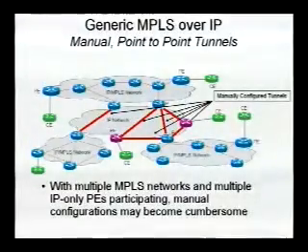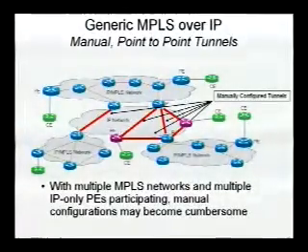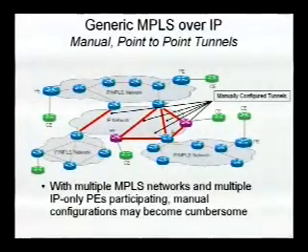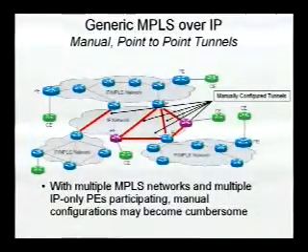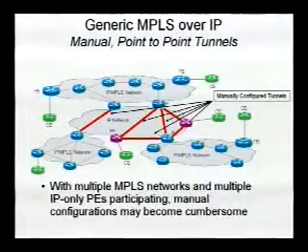So after you do this, all these manually configured tunnels can actually become cumbersome. The nice part is that it's generic MPLS everywhere, so you can run 2547 or what have you. The maybe not so nice part is that it's making your MPLS network very, very large. One GRE tunnel can double the size of your MPLS network.